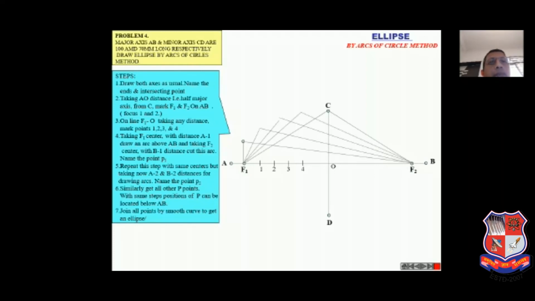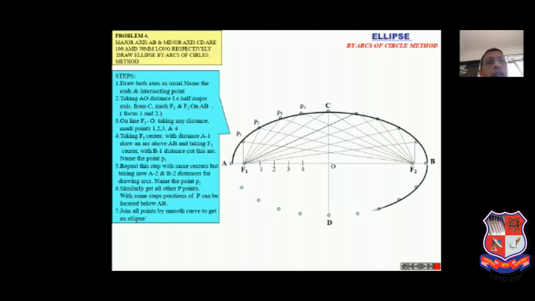With the same steps, positions of P can be located below AB. Now join all points by a smooth curve to draw an ellipse. So this is our ellipse which is generated by the arc of circle method. Thank you.